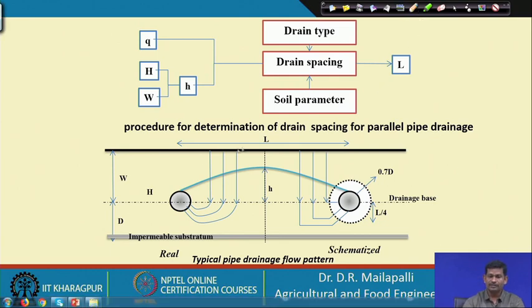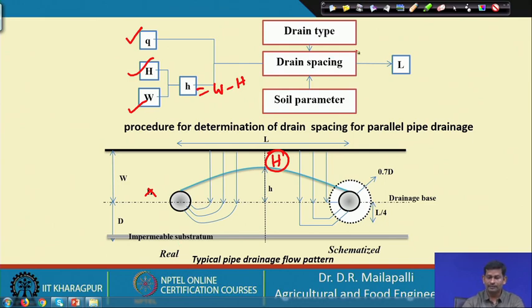So, the procedure also we explained last class, like knowing small q, that is the drain discharge, and H, suppose this is H. So, H is the root zone depth, capital W is the drain depth, and you can estimate small h, which is equal to capital W minus capital H, right.